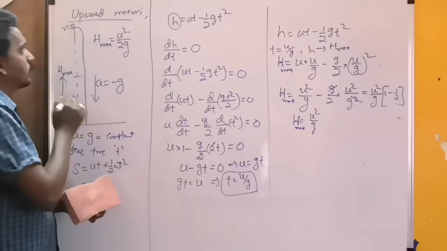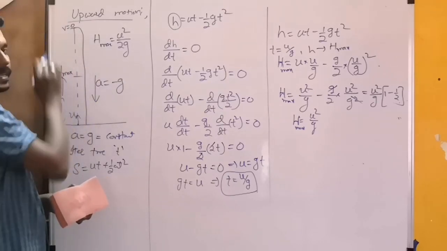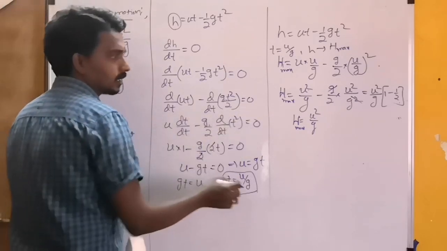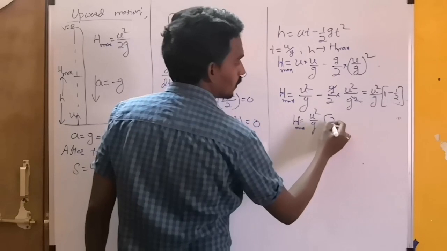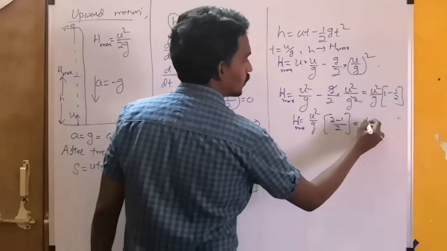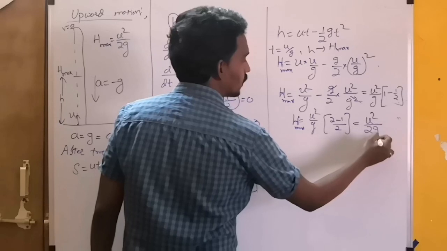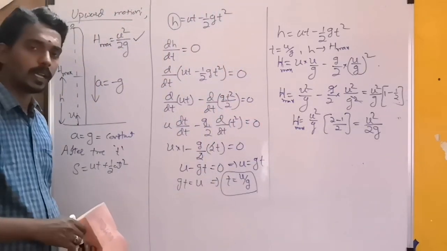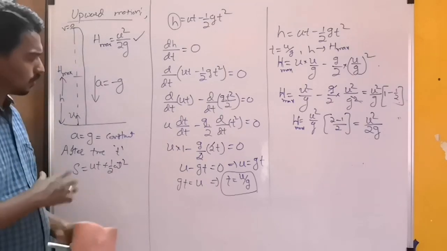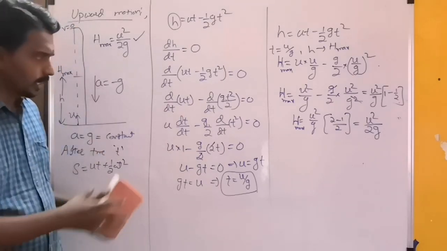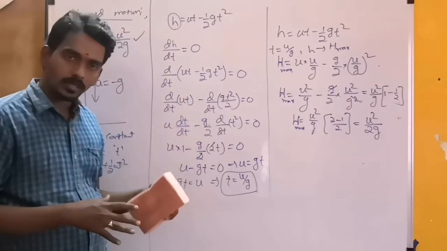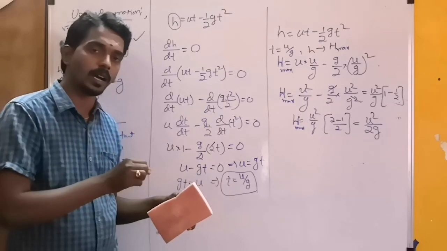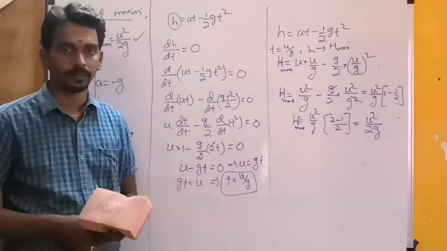Right? Now, the maximum height, after what time will it reach maximum height? u by g. How much is it? 1 minus 1 by 2. So 2 minus 1 by 2, 1 by 2. So u square by 2g. What is the maximum height? u square by 2g. So here the example enables us to understand the procedure of maxima and minima in physics.